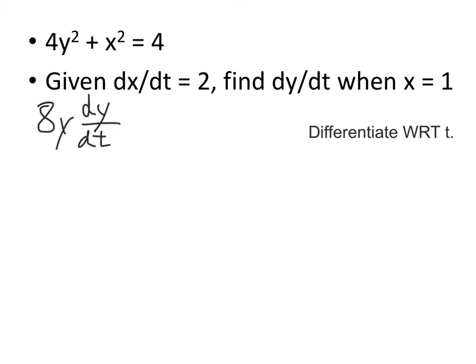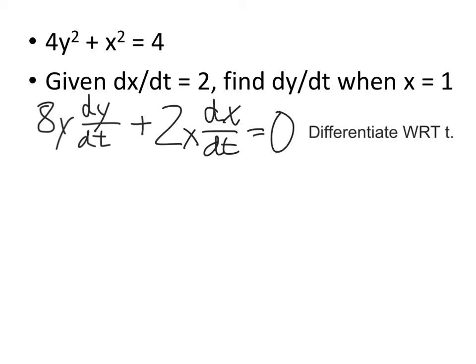Again, what that means is I'm differentiating the variable y with respect to the variable t. I'll do the same thing with x squared. So that'll be 2x, and again I'm differentiating x with respect to t, so I need to put a dx/dt, and then the derivative of 4 is just 0.